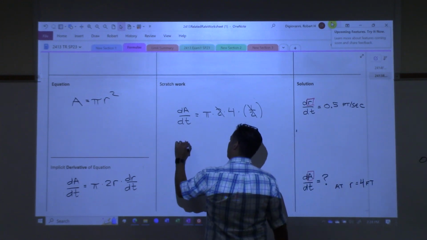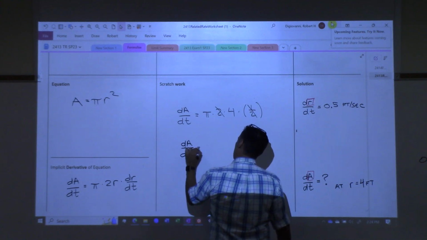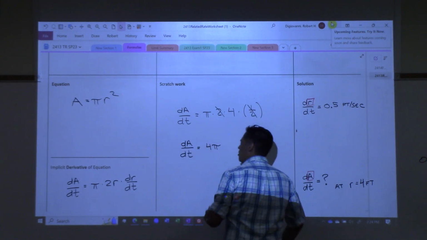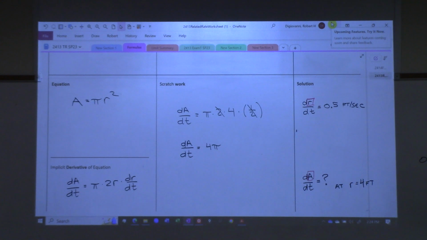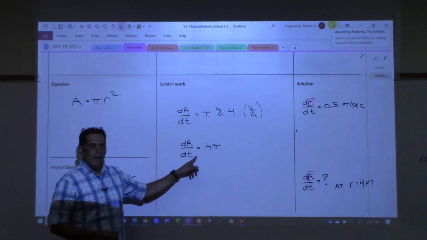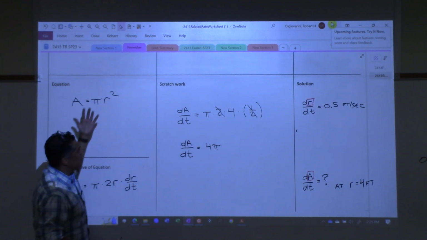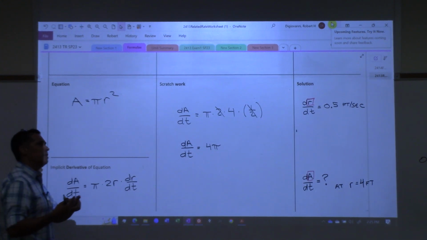So dA/dt is 4 pi, which is some number, around 12 something or another, right? But it's a measurement of area, isn't it? Well, not area, area with respect to time. What are the units that I'm using in this problem? Feet, right? And how is area measured if you have feet?